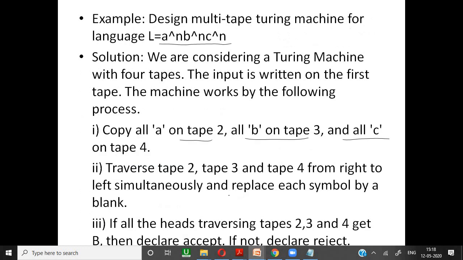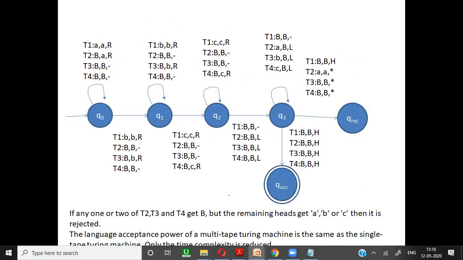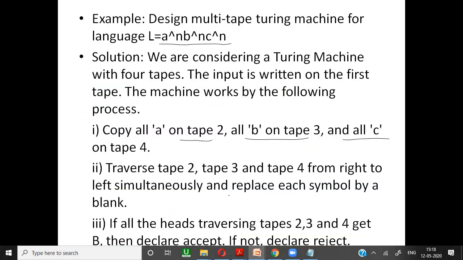Similarly in this example, I require a total of 4 tapes. The first tape is used for input, and the second, third and fourth based on our situation. Here I copy all A's to the second tape, all B's to the third tape, and all C's to the fourth tape.